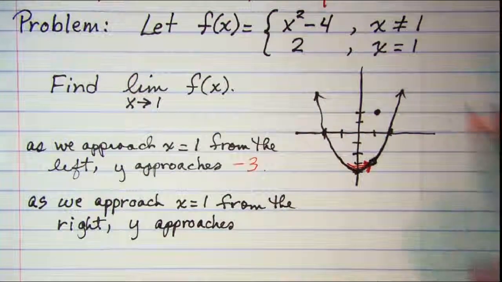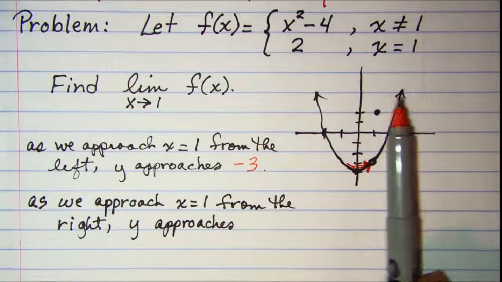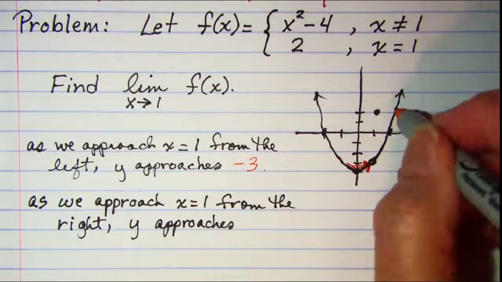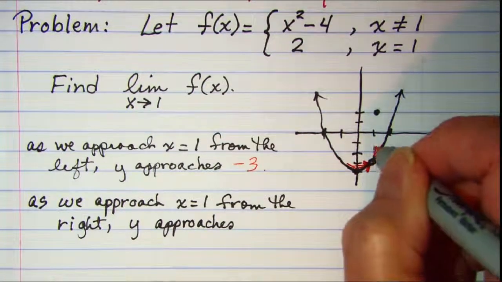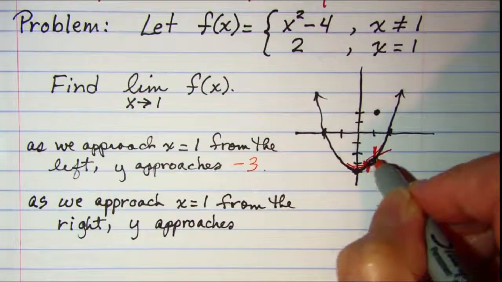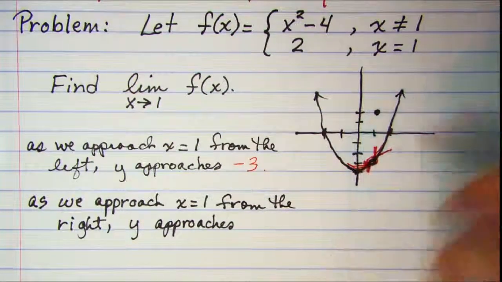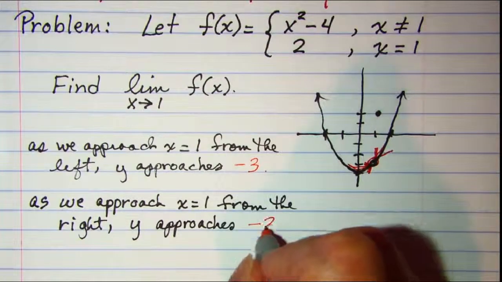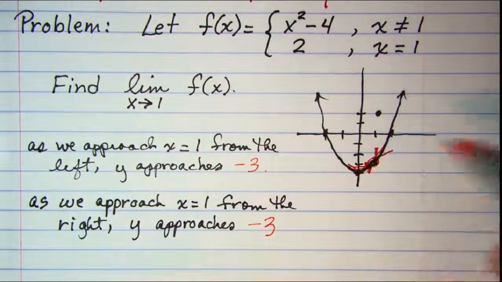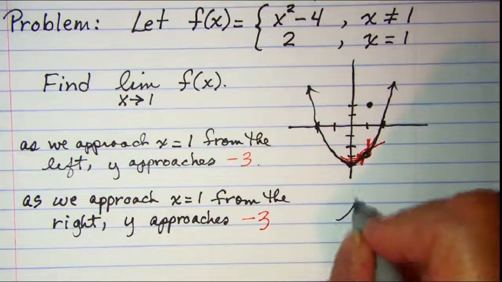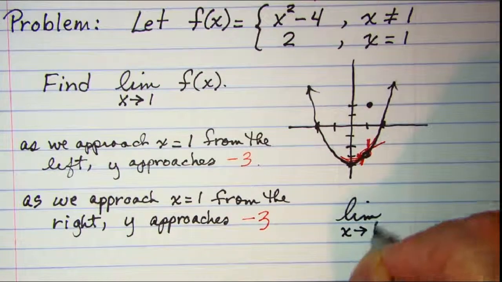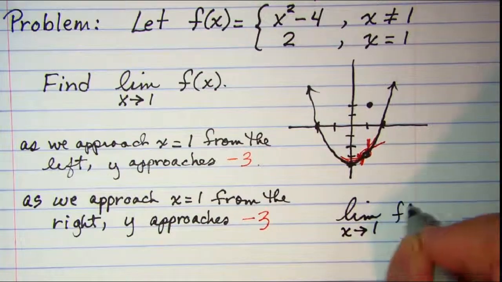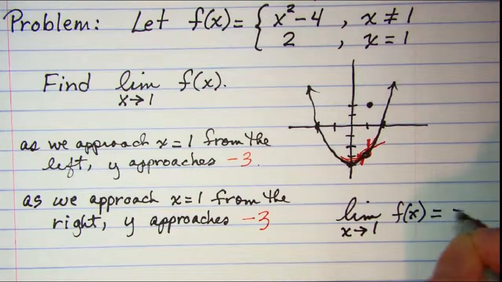So approaching from the right, we're coming in from the right, but we have to stay on our graph. So we're approaching the same point here, right here. So our y value is still negative 3 when we approach from the right. So then we can say that the limit of this function as x approaches 1 is negative 3.